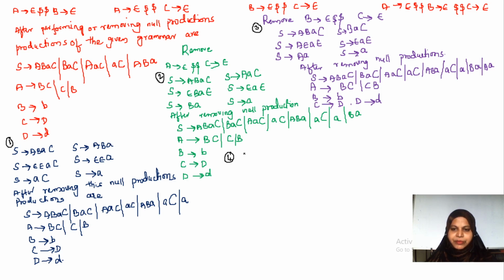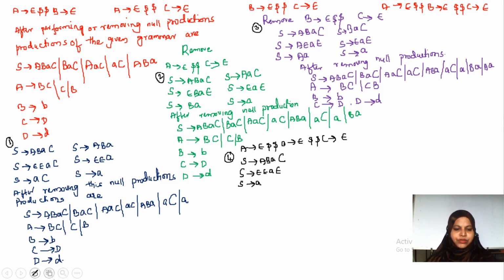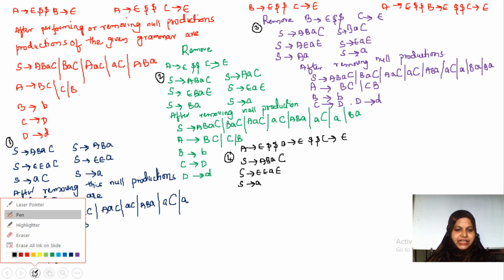What is my production? A tends to epsilon, B tends to epsilon and C tends to epsilon. A, B, C should be there. Here only one production, A, B, C is there. So S tends to A, B, A, C. So S tends to epsilon, epsilon, A, epsilon. S tends to A is there. Is there any other thing? No. So now my final productions are completed.